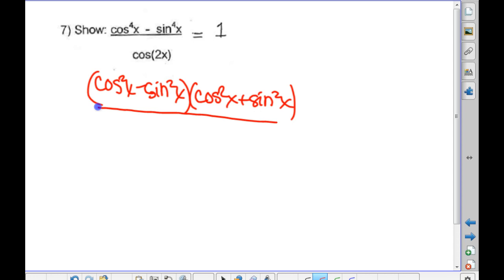And do you want to do the trade at the same time for the denominator? These are strange ones that we haven't used much yet. We're going to use them a lot more in chapter 9. But cosine of 2x has how many different options to trade for it? 4? 3, okay? And which one do you want to pick?